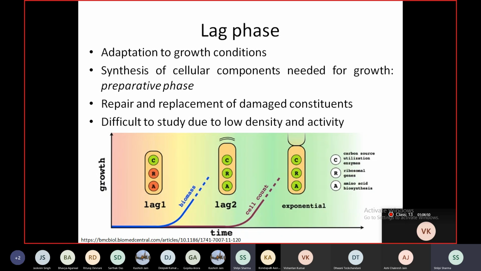Either the cells would have been transferred to a poorer medium compared to where they were earlier. This is called a shift down. Or they have been introduced to a nutrient rich medium, in which case it's called a shift up condition. So in either case, it has to prepare its machinery to start growing in the particular condition that it's now in.